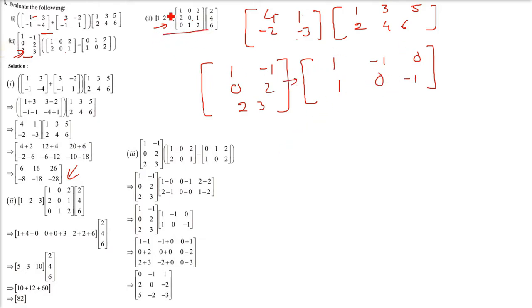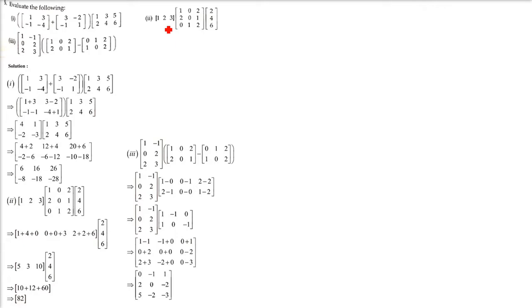Now the third one, which is this multiplication, we'll do it here. Is it possible or not? We'll just see. How many rows are there? 1 row, 3 columns. Here we have 3 rows, 3 columns. So the multiplication is possible and the result will be 1 cross 3. So let me do it. 1, 2, 3. Then we have this 1, 2, 1, 0, 2, 2, 0, 1, 0, 1, 2.